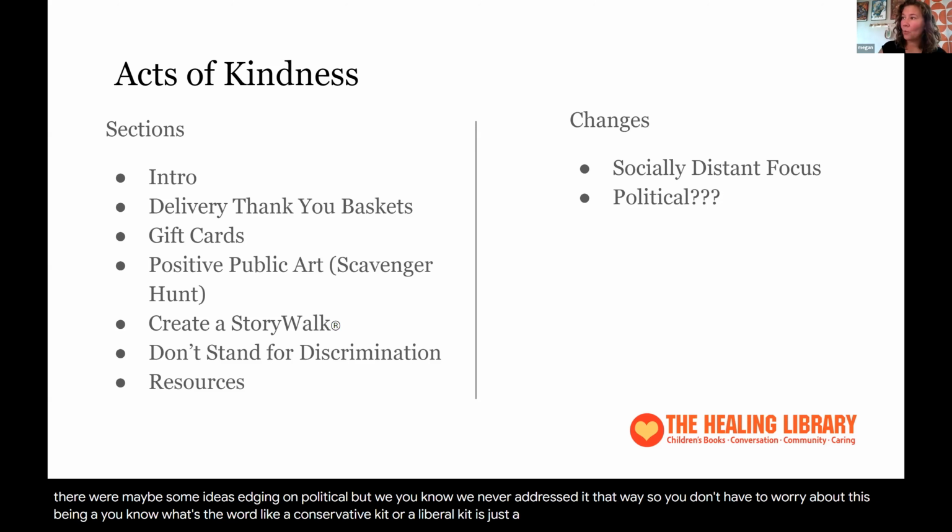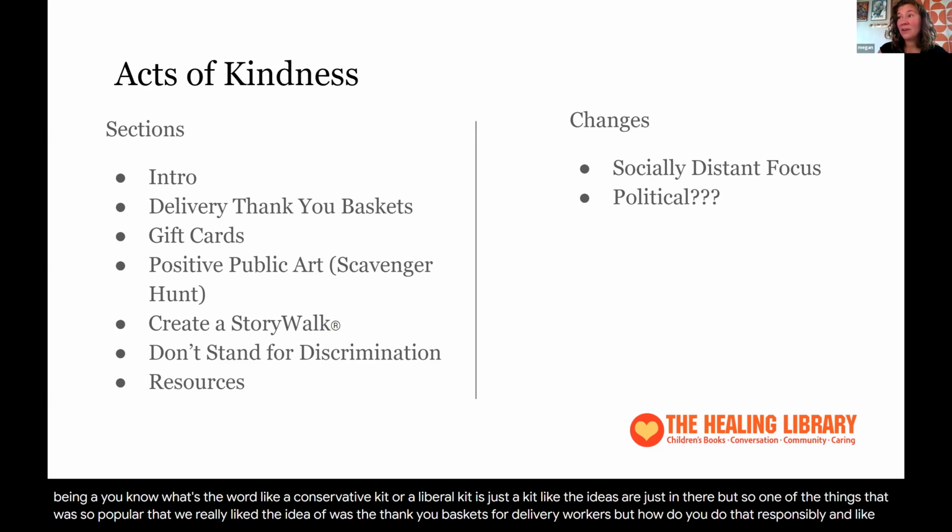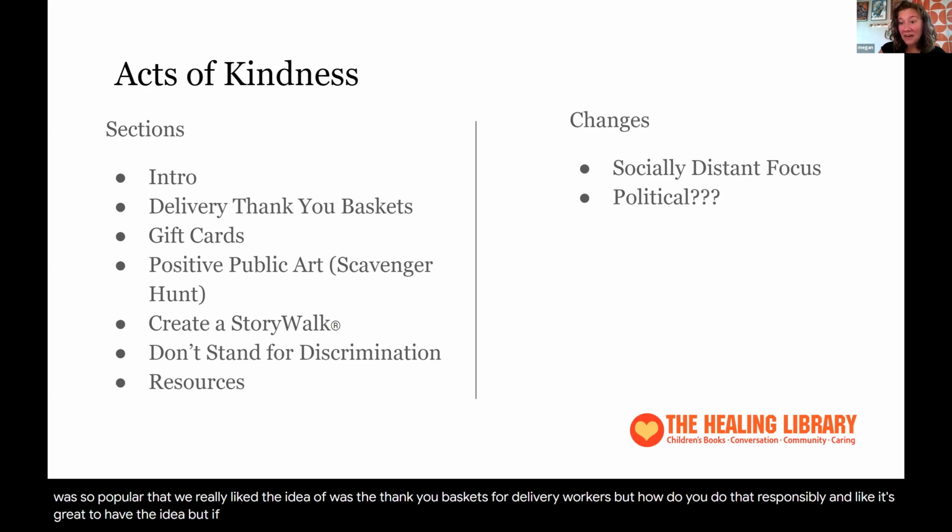One of the things that was so popular was the thank you baskets for delivery workers. But how do you do that responsibly? It's great to have the idea, but if you're just going to leave an open bag of Doritos out there for anybody to put their hand in, that's not doing any favors. So we focused on encouraging people to participate in these activities in responsible ways.